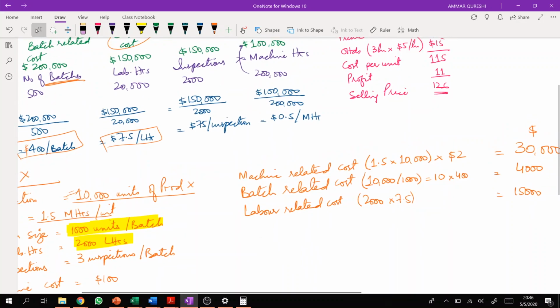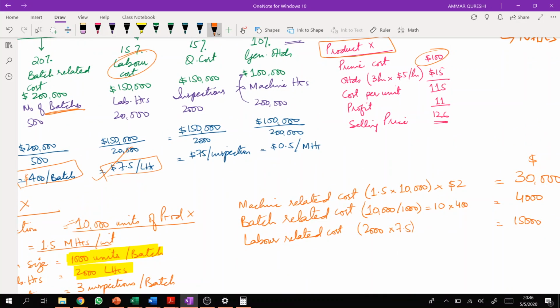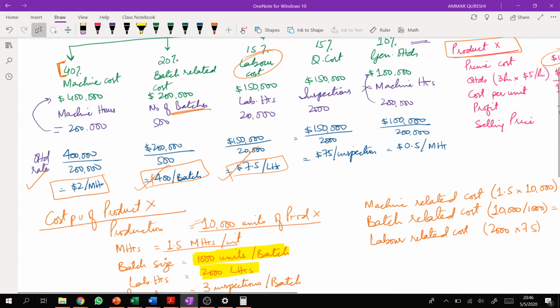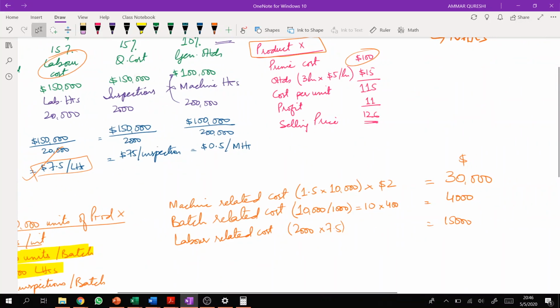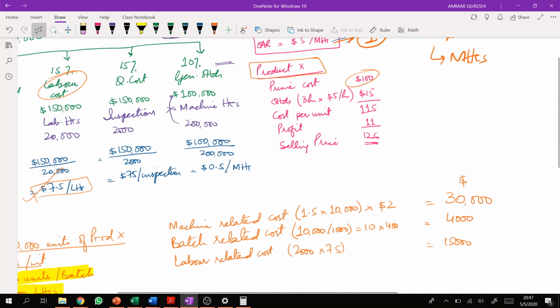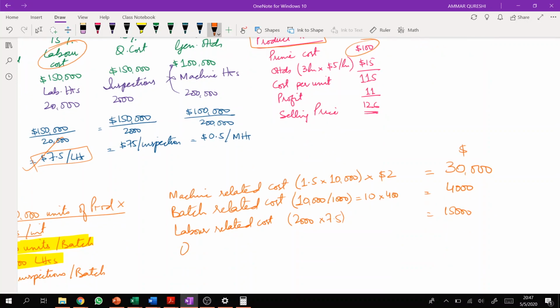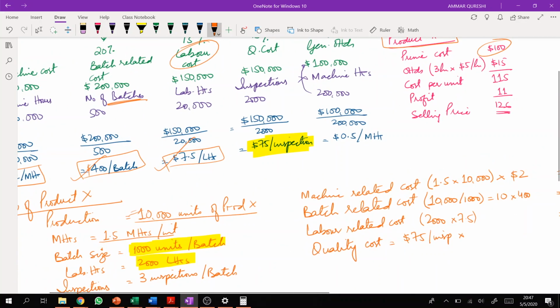Then we are done with labor cost, we are done with batch cost, we are done with machine cost. Now the third pool is quality control cost, right? Quality cost is $75 per inspection. Now we have to multiply it with the number of inspections.